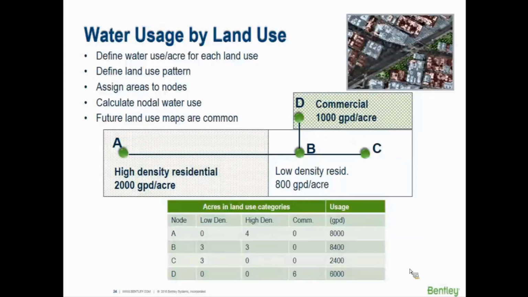Loading your model by flow meter data is the most accurate method of loading the data and putting demand data on your network. One of the least accurate methods would be based on the acreage of a certain area and the nodes that are within that acreage or that lot or that district or that area.